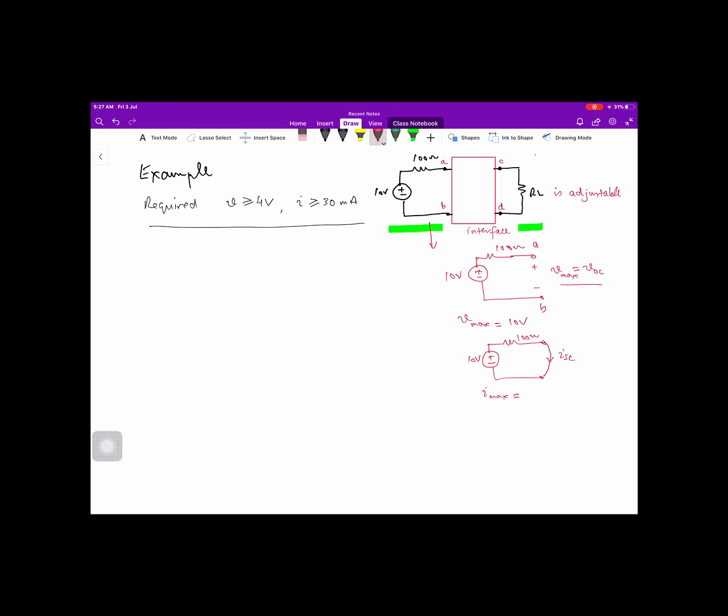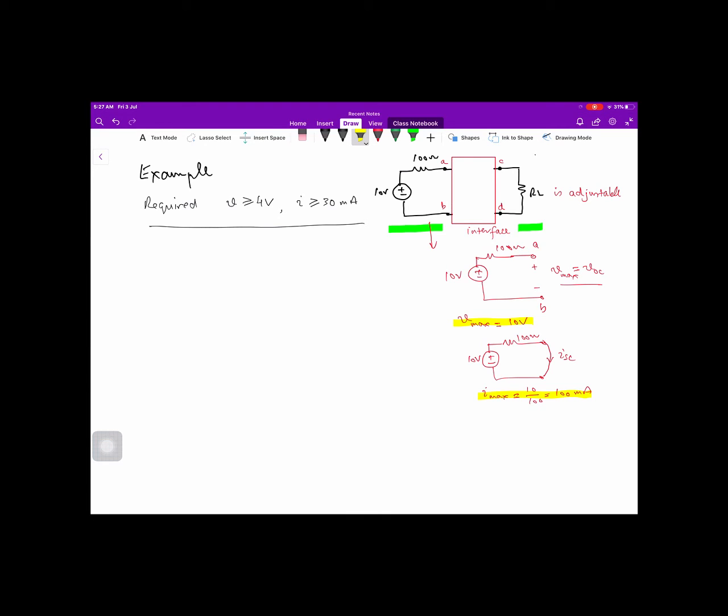You should know, due to Thevenin equivalent and Norton equivalent, I short circuit is the maximum current. So the maximum current is 10 over 100, which is 1 over 10, and the source circuit can provide a maximum voltage of 10 volts and a maximum current of 100 milliampere.